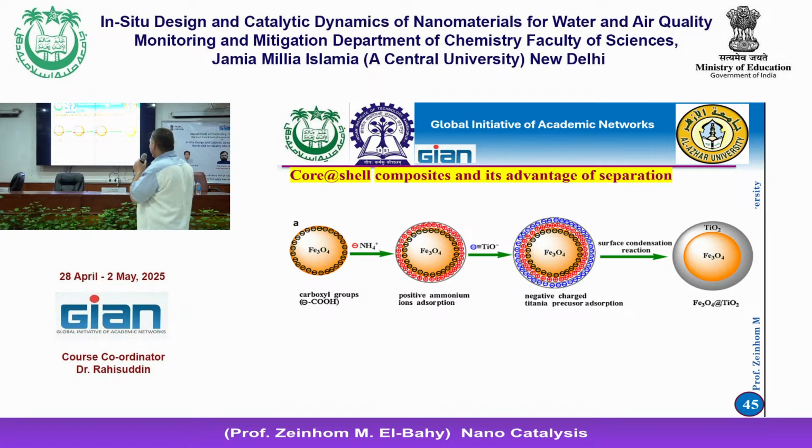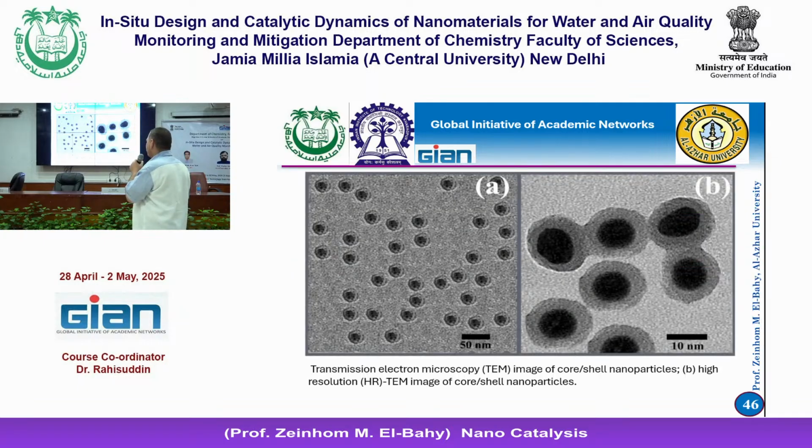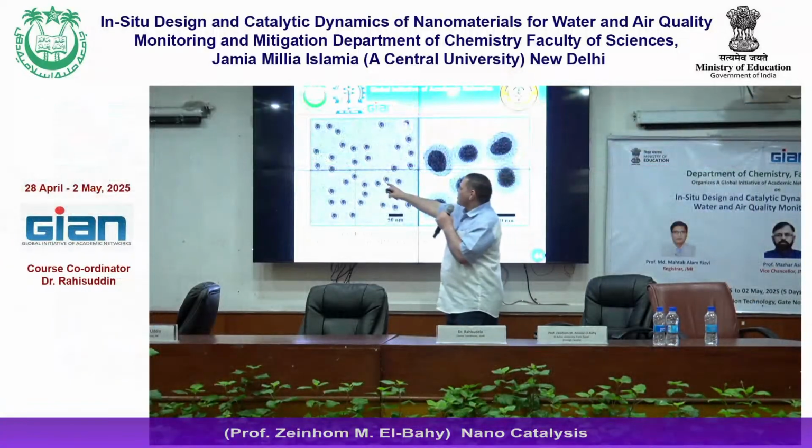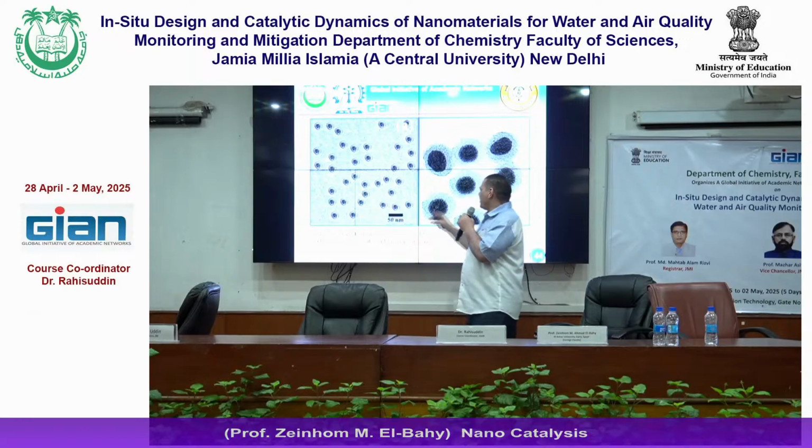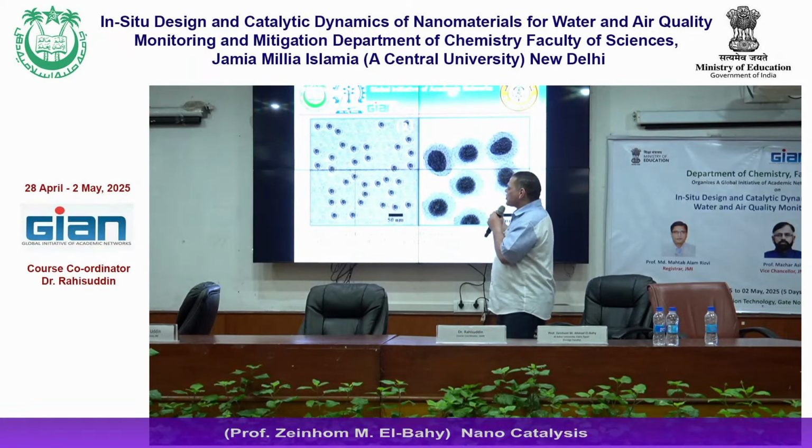This is magnetite with titanium, and this is the TEM of these materials. It is very clear and very beautiful, because you can see that this is the core, very clear, and this is the shell. It is the same material, but this is using TEM, and this uses HR TEM.